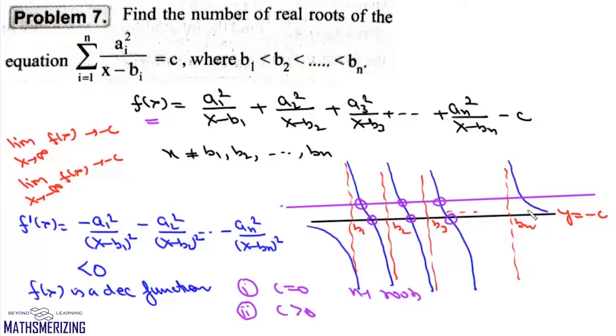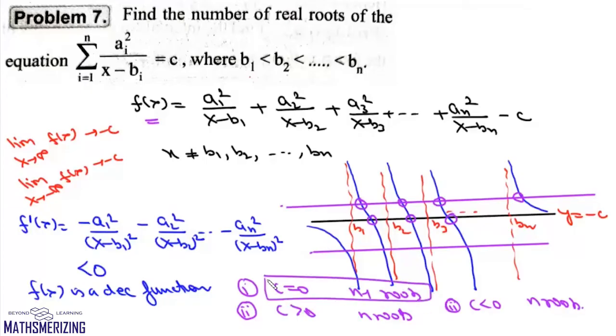There we'll have n roots, and if c is less than 0, then x-axis will be below this line. Again, it'll have n roots. So this equation will have n minus 1 roots if c is equal to 0, and it'll have n roots if c is negative or c is positive.